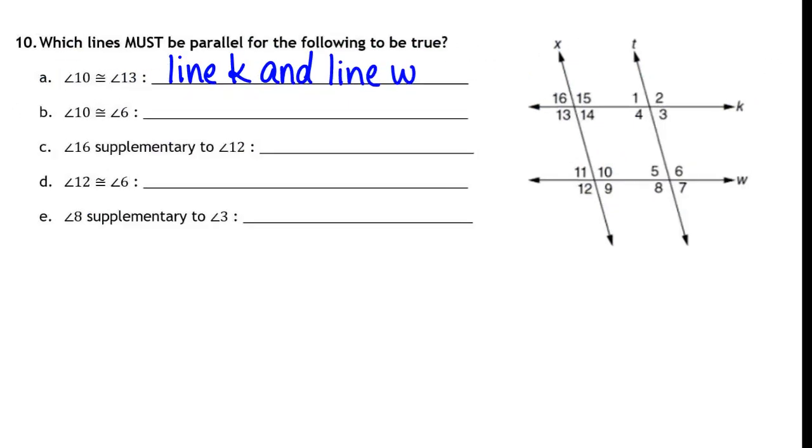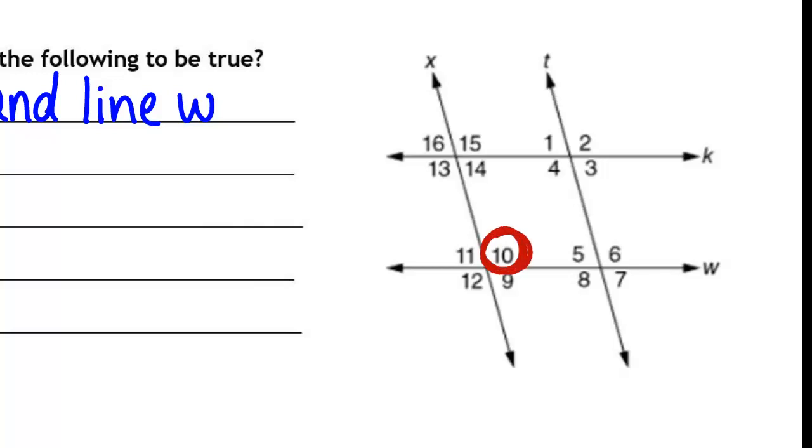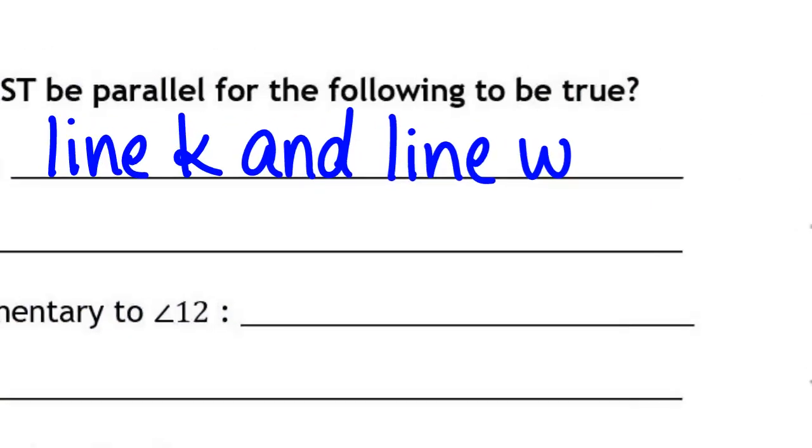All right. What about 10 and 6? We're told that they're congruent. What's the transversal that would connect them both? W would be my transversal. So X and T would have to be parallel.